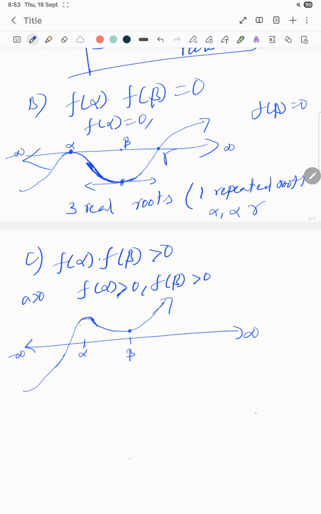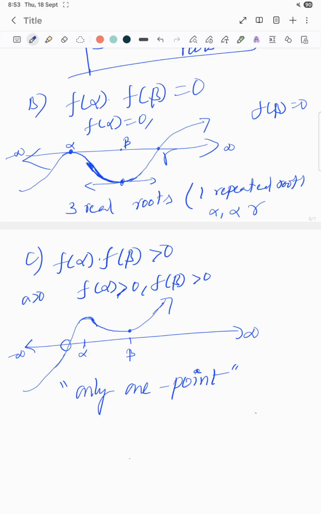So now the curve is intersecting the x-axis at only one point. Okay, so you should have an idea on this.